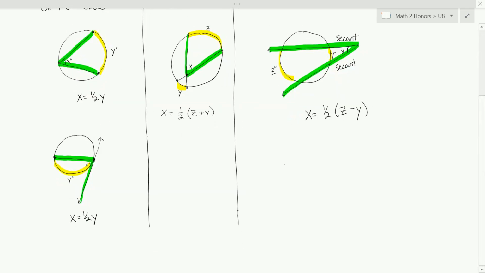Another case outside the circle is if you have a tangent line and a secant line. Again, same angle, x, intercepting z and y.